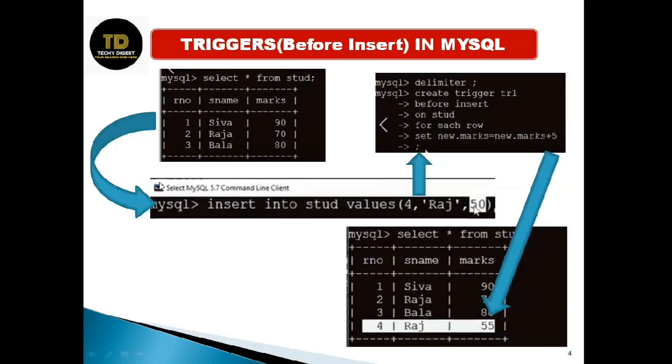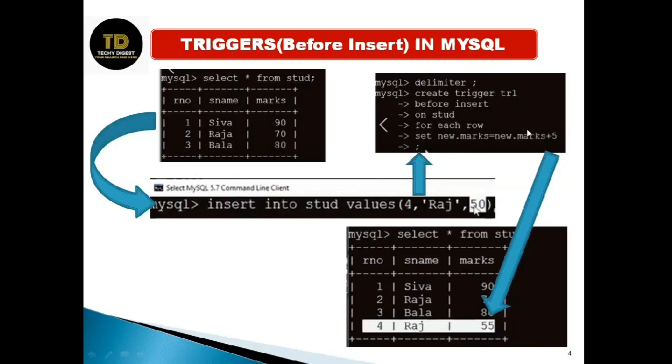Suppose you are inserting a new record. Automatically the before insertion trigger works.